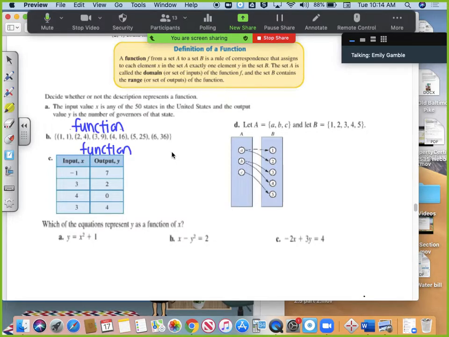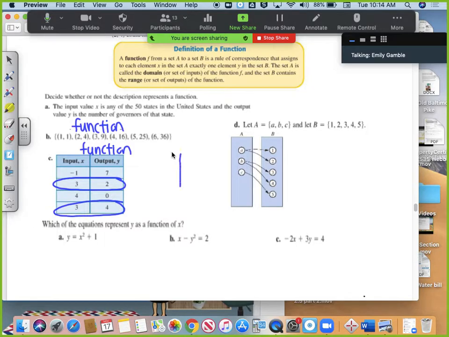I agree, but it wouldn't have a vertical line there. At 3, yes. Why do we have an issue when x equals 3? What happens when we have x equals 3 in this situation? It has 2 y values, right? So right here is where we have an issue, 3, 2, and 3, 4.